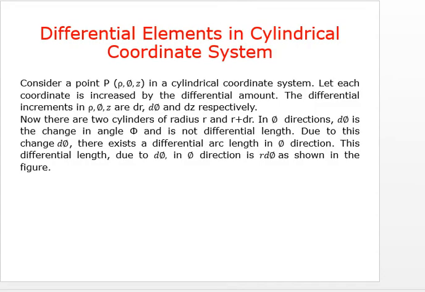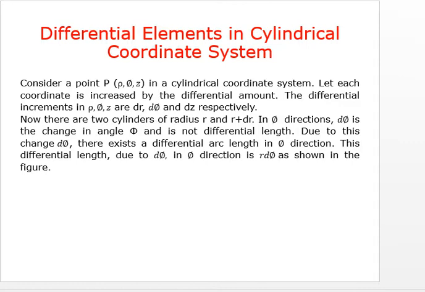Now we discuss the differential elements used in the cylindrical coordinate system. Basically, differential elements are very important to solve or analyze problems with cylindrical symmetry. In the Cartesian coordinate system, there are three differential elements dx, dy, dz, and all three are linear, but in the cylindrical coordinate system there is no such condition.